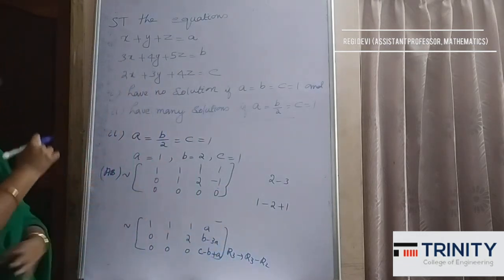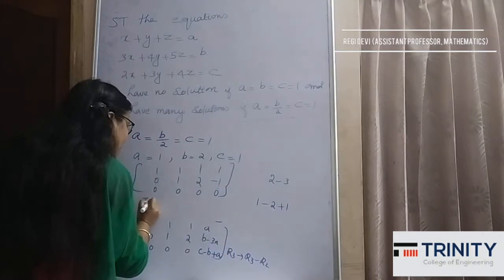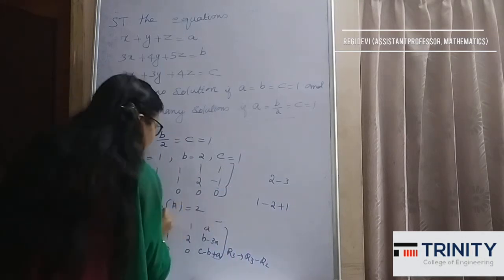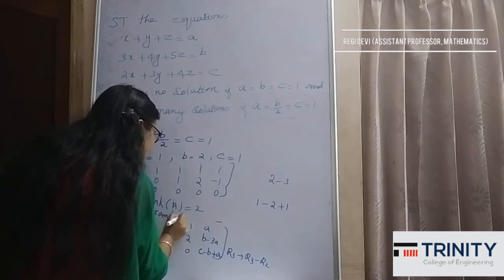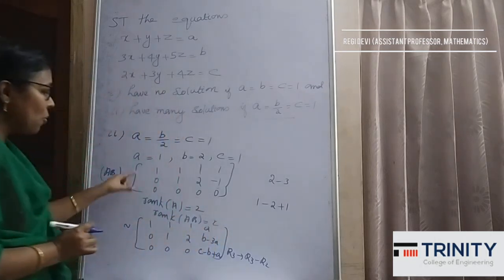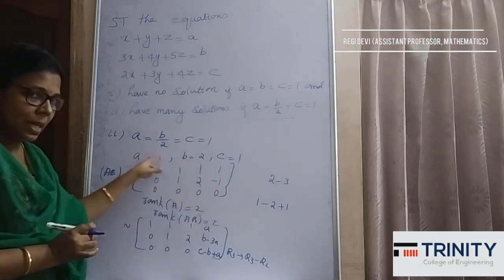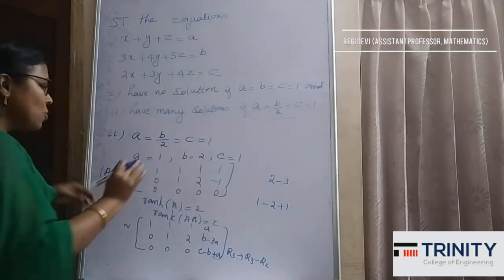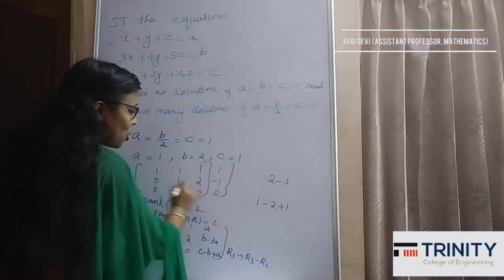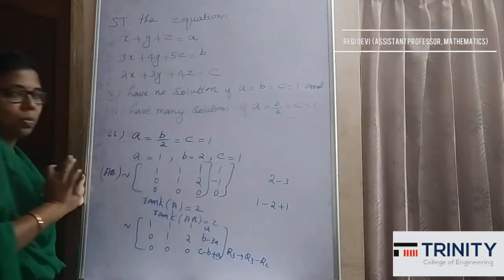What about rank of A? Rank of A is 2. Also rank of AB is 2. Rank of AB is the rank of this whole matrix, which is equal to 2. Rank of A is the rank of this matrix, which is also 2.